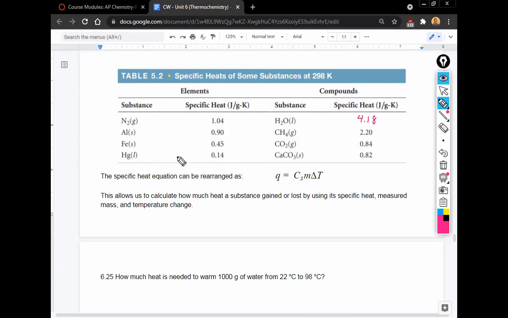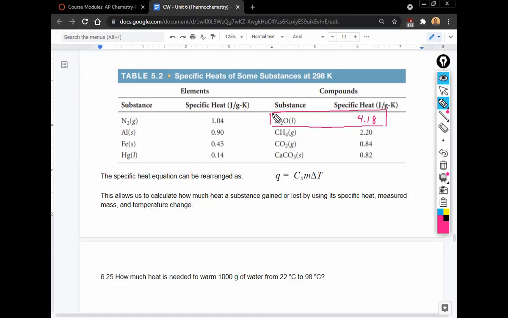Not aluminum, just the whole table. Which one? What do you guys think? Yeah, it's going to be water. Water has the highest number for the specific heat. So water takes the most energy to heat up.